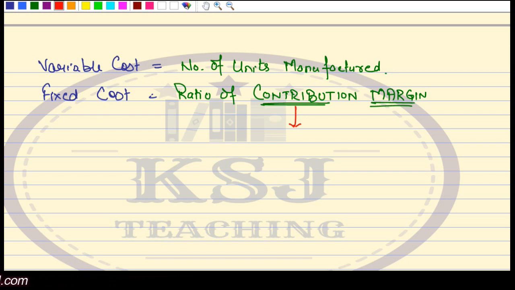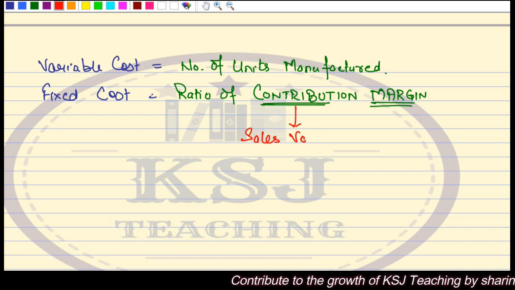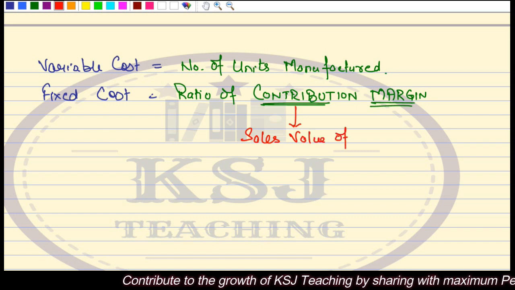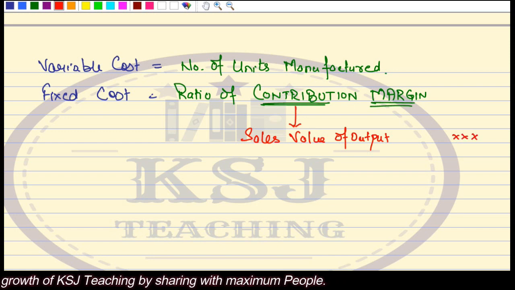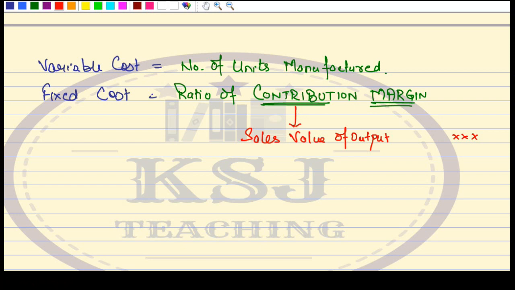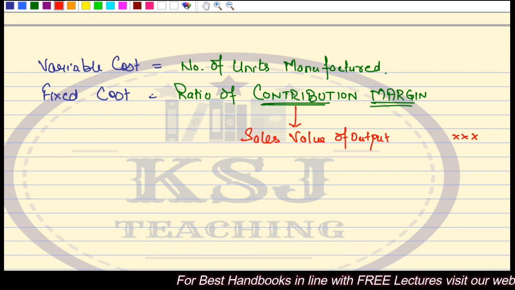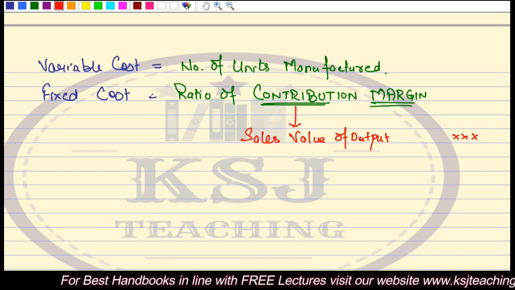So that means it says what is the sales value? What is the sales value of output, right? What I mean to say is contribution, I'm saying it is another name that is being given for the profit only, right? So profit is what? Profit says the sales minus the cost will give you the profit, right? This is the contribution is the profit that I am earning from the manufacturing of that output, right?